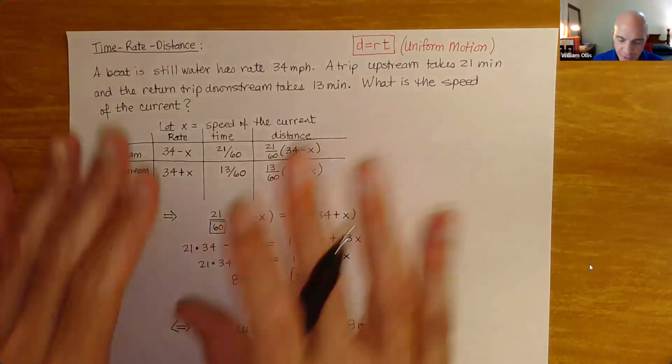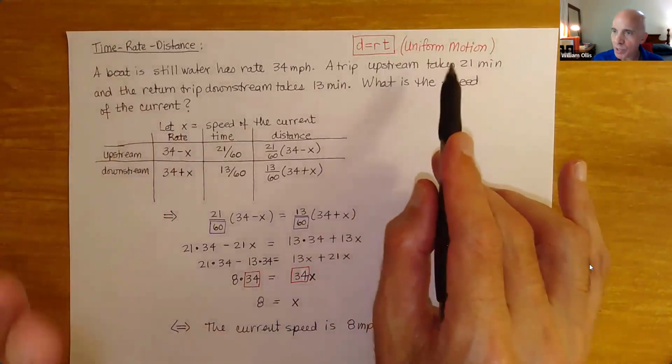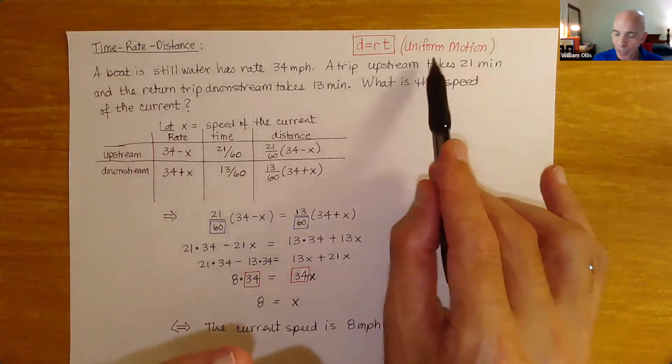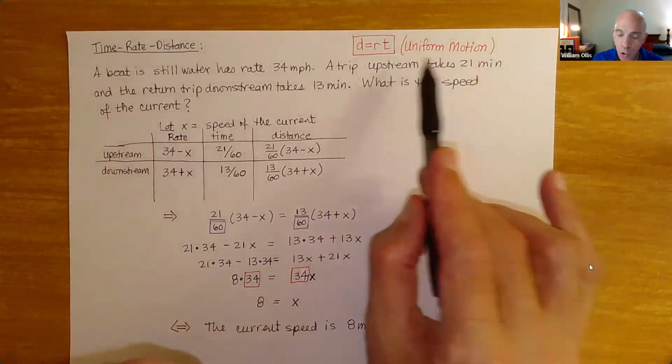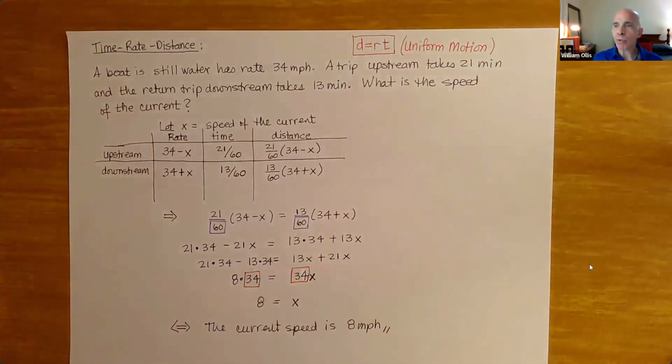So this type of problem, we don't deal with variable motion. That's a calculus problem. So we have what we call uniform motion, or distance equals rate times time. So students will say, how will I know what the problem is? Well, it'll be clear if you're given some rates, you're given some times. Things like that will be very clear from the statement of the problem.